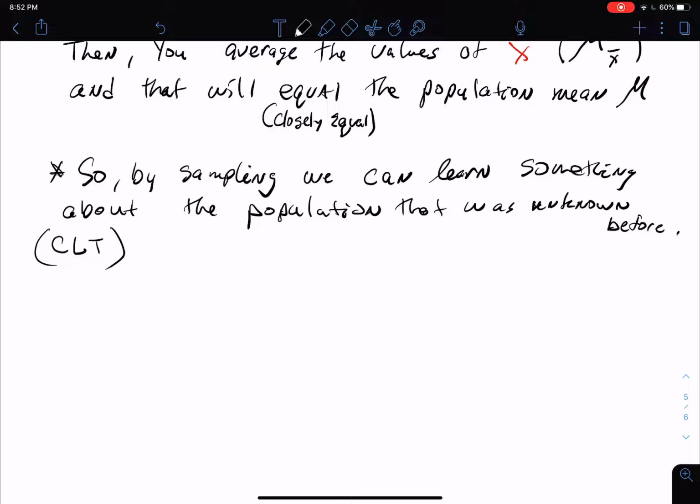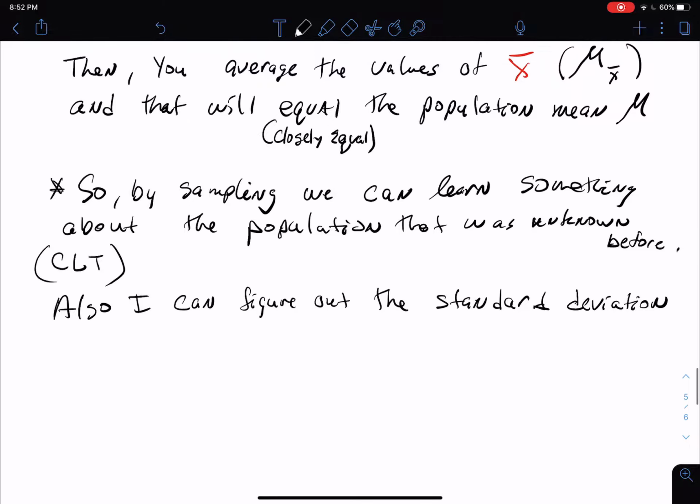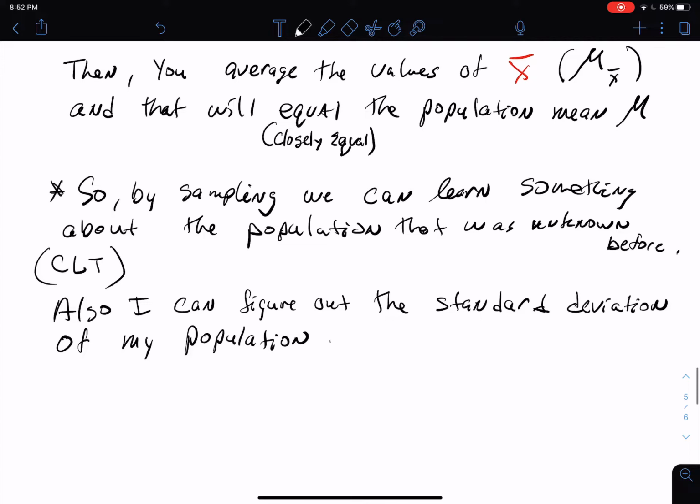Also, I'm going to restate what I just said: I can figure out the standard deviation of my population, figure out the sigma, by just sampling data.